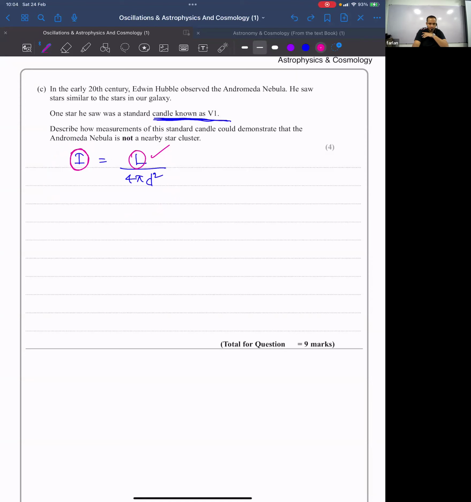The luminosity of the standard candle is known.